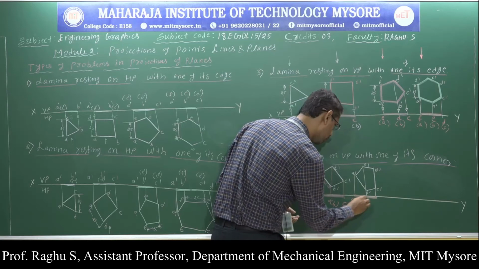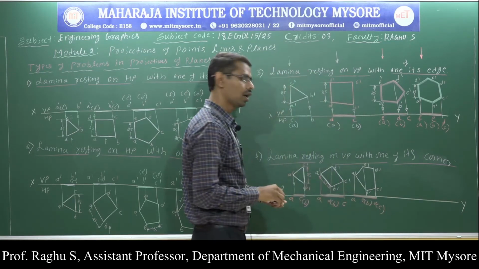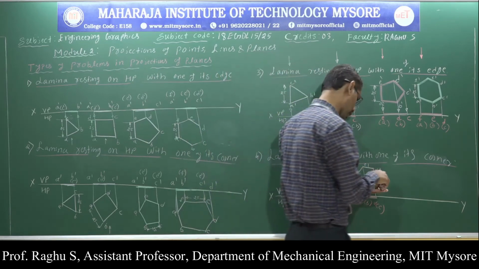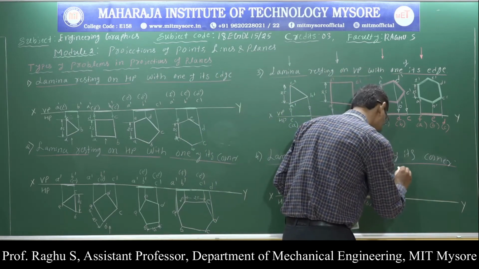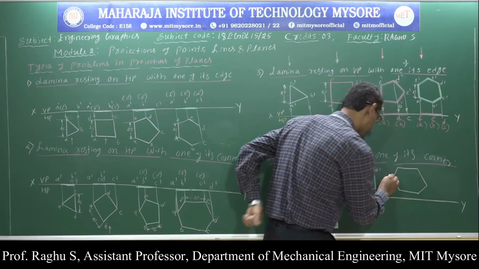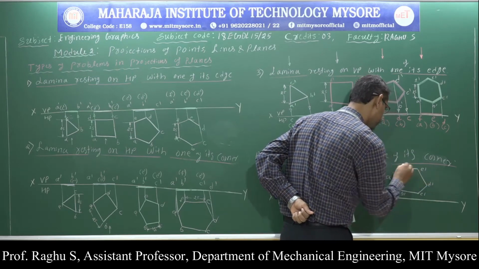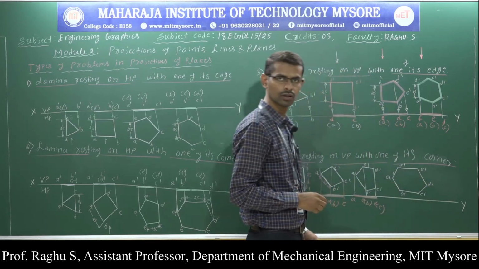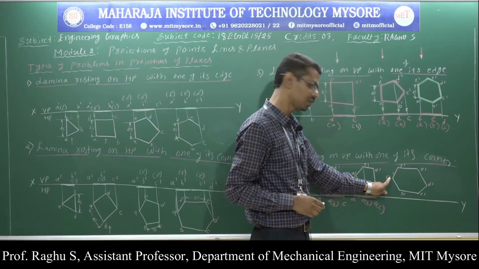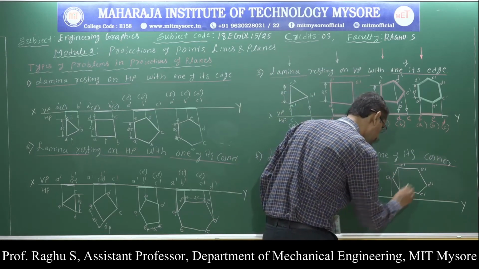So here, top view: A, E, B, D and C. And at last we have the hexagonal lamina: A dash, B dash, C dash, D dash, E dash and F dash. This is the front view, resting corner A. Now to get the top view, draw projections from all the corners.